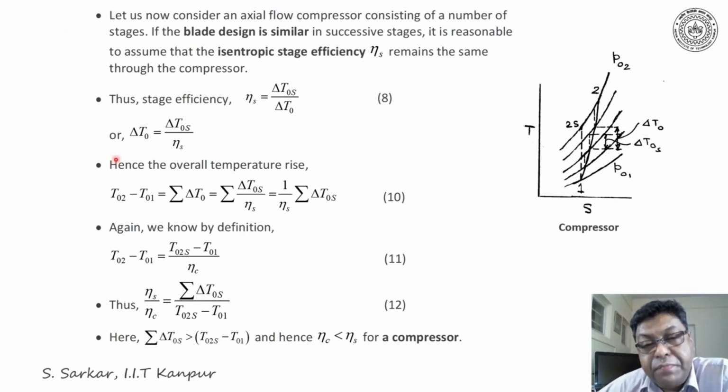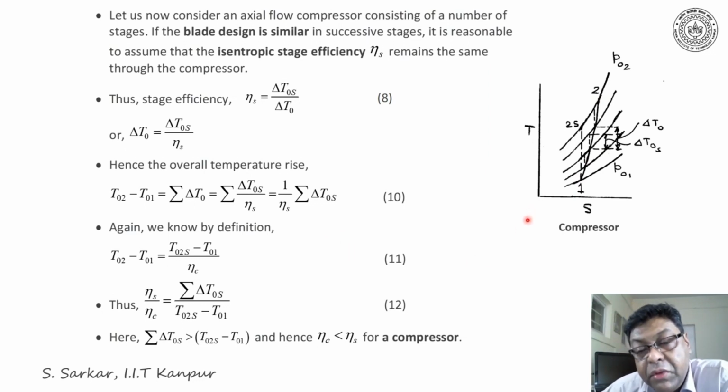And this compression process through different stages has been indicated in the TS diagram, where P01 indicates the inlet total pressure to the compressor and P02 the exit total pressure. I have also indicated the different pressure lines that occur through successive stages.